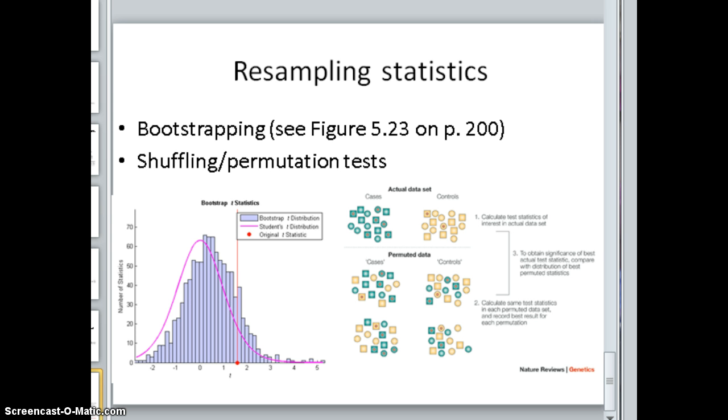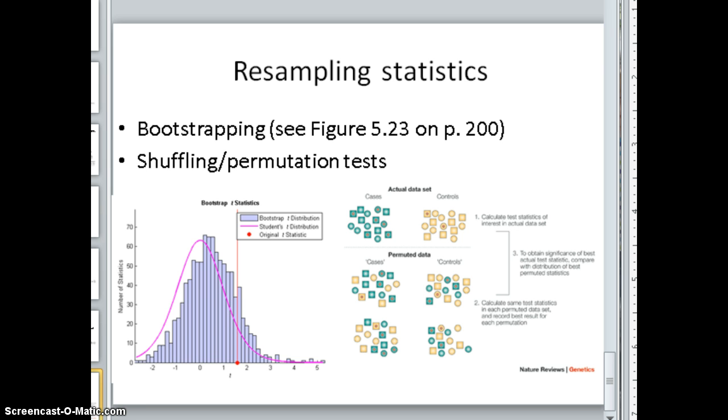Resampling statistics are another non-parametric statistical technique and are near and dear to my heart. Bootstrapping is in the Field text. Shuffling and permutation tests aren't in the Field text, though. With parametric statistics, you assume a distribution and you compare your statistics to the assumed distribution.